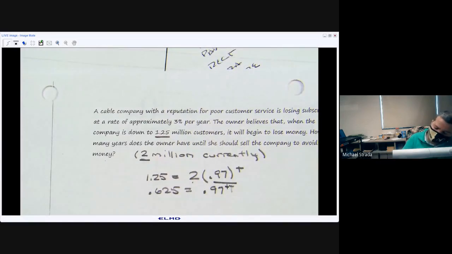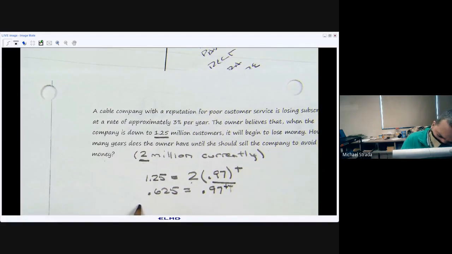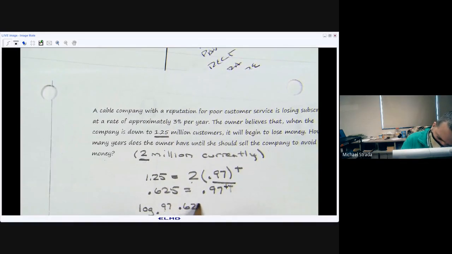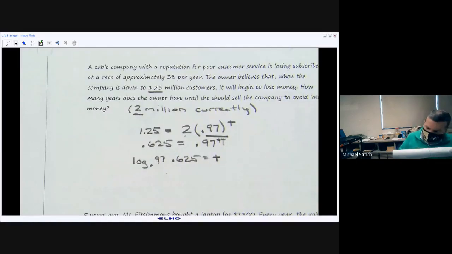When I do the log of the base, which is 0.97, to both sides, it will cancel out the 0.97. So I'm doing the log 0.97 of 0.6 equals t. That helps if it wants exact solutions. And then I'm going to use the change of base.